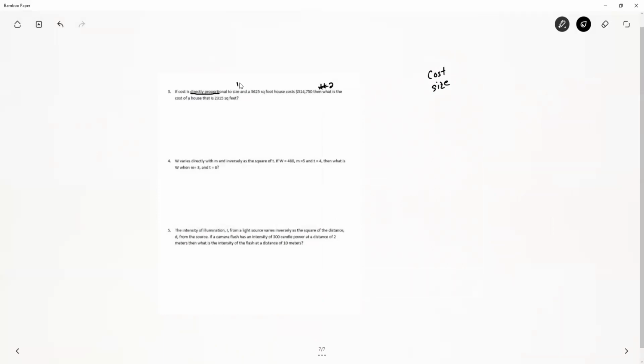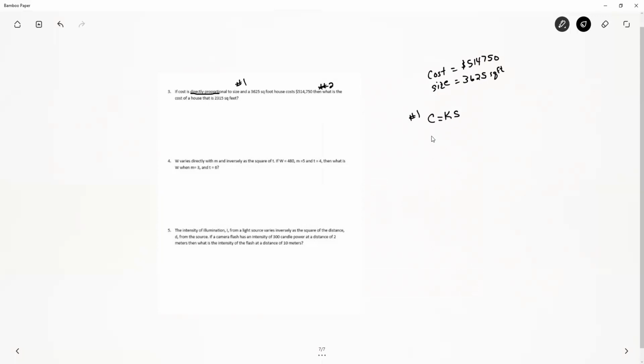This is part 1. So let's see. The cost was $514,750, and the size was 3,625 square feet. And it says cost is directly proportional to size, so cost equals K times size.